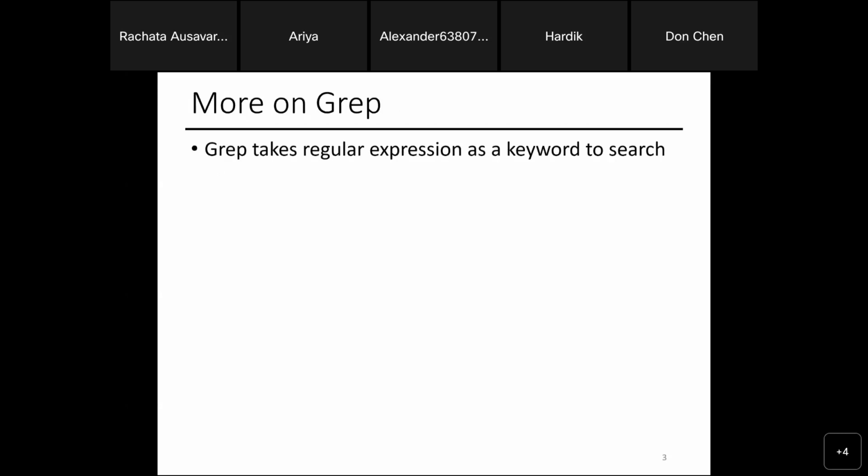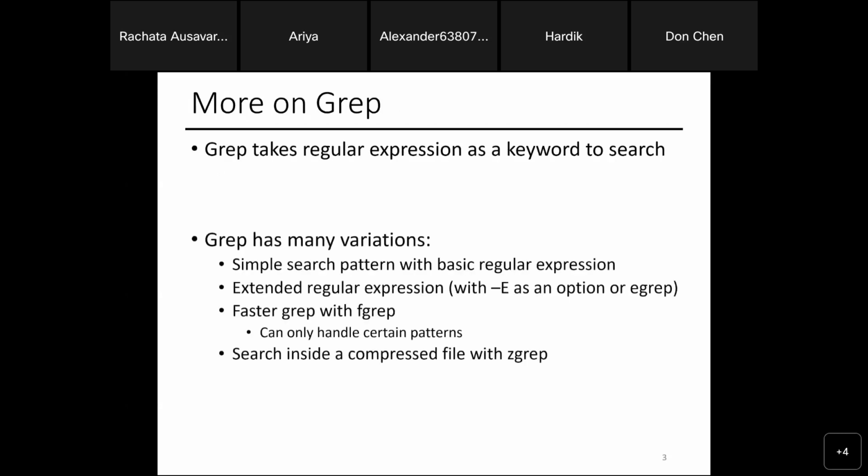Regular expression is actually designed for that. To motivate it, we use the grep command. We talked about the grep command really quickly last week, and we'll continue today, because grep does take regular expression as a keyword to search. It has many variations. It allows a simple search pattern with the basic regular expression.